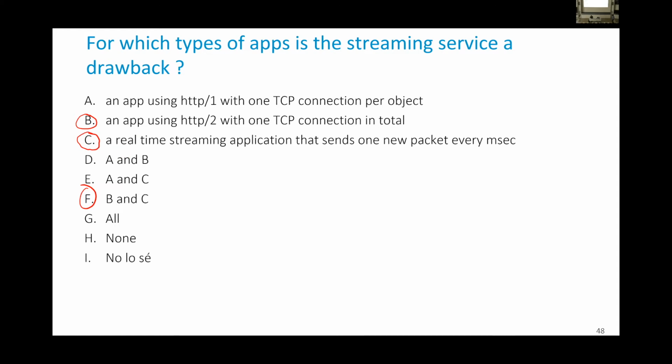Certainly, a drawback is for real-time applications. Imagine you have a sensor that sends a status every 1 millisecond, and then you control it with a controller. If you send that over TCP, if a message is lost, the TCP connection will insist on repairing the loss of the previous measurement before delivering the next one.